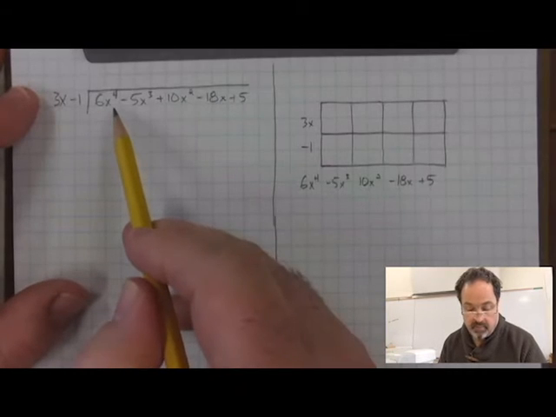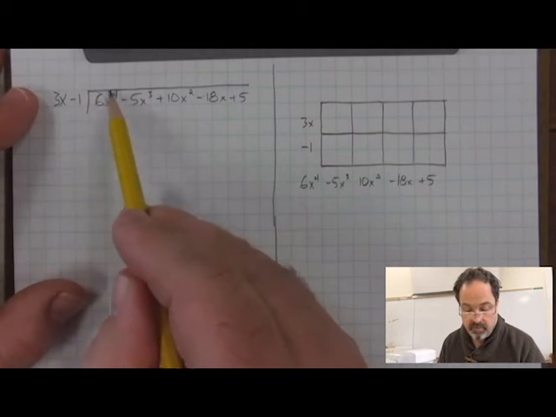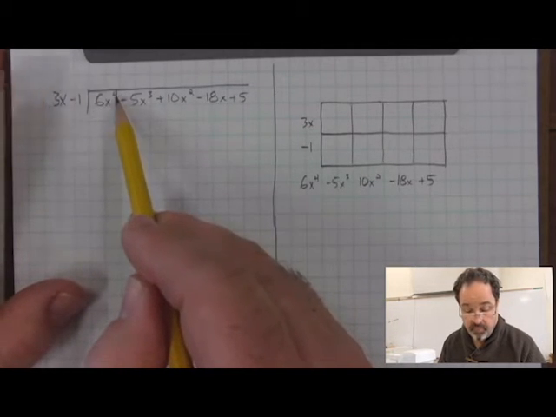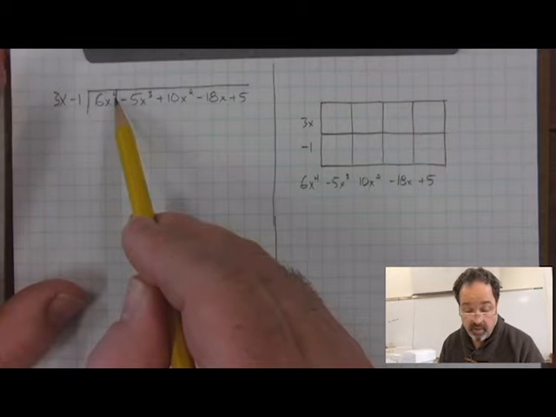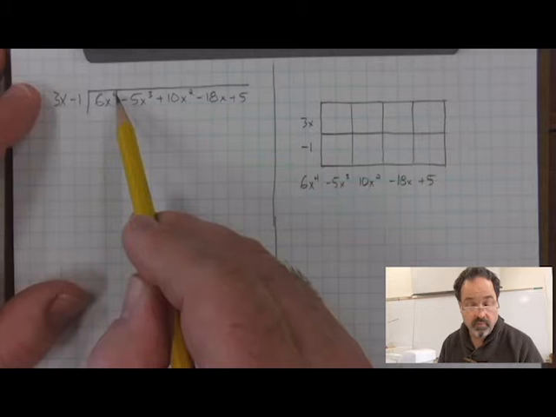I want to think and start with this leading term of 6x to the fourth, and this leading term of what's dividing it, 3x. And I want to think, what can I multiply 3x by to produce the 6x to the fourth?